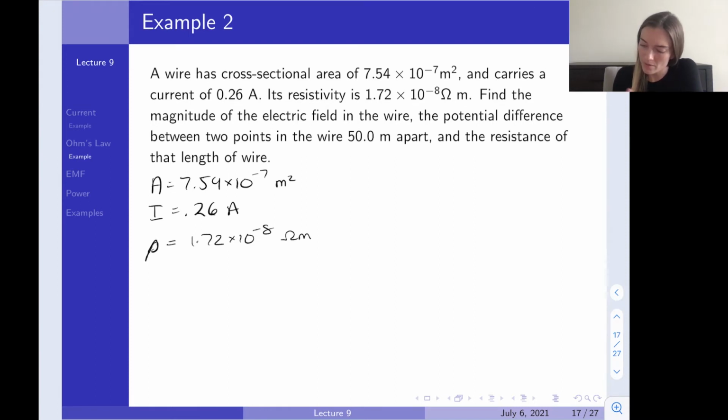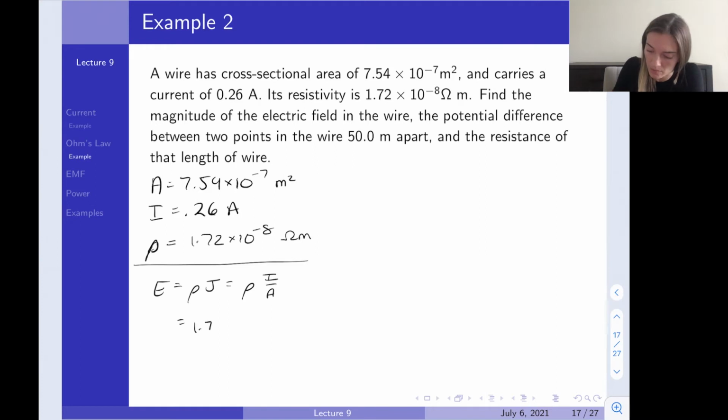So first we want to find the electric field, the magnitude of the electric field. I can figure that out because I know that the electric field in the wire is going to be the resistivity times the current density, and I know the current and I know the cross-sectional area. So I can figure out the current density, and I'm also given rho. So I can just plug in here rho, the current, and then divide it by the cross-sectional area.